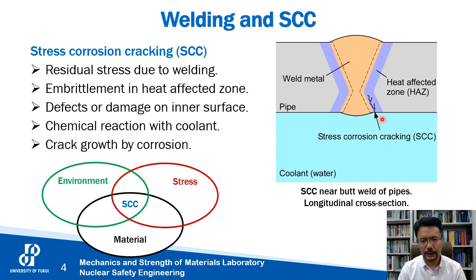So this is the mechanism of stress corrosion cracking. And basically, stainless steel is a corrosion-resistant material. But if a bad environment and high stress are imposed simultaneously, then SCC happens.